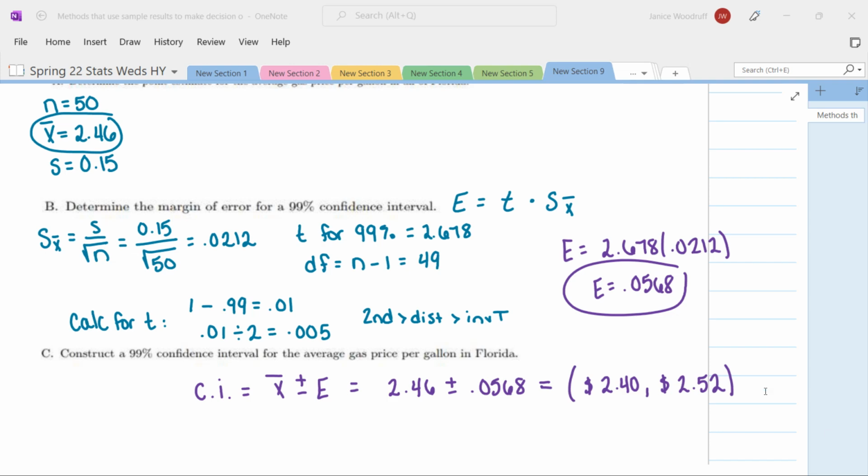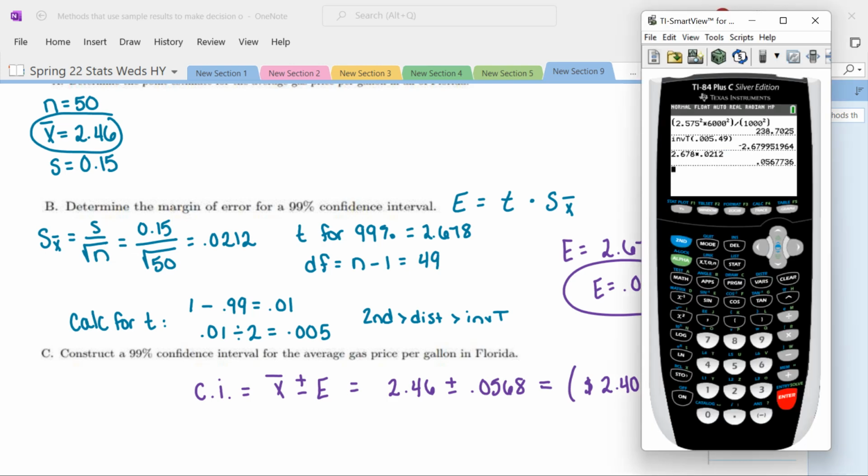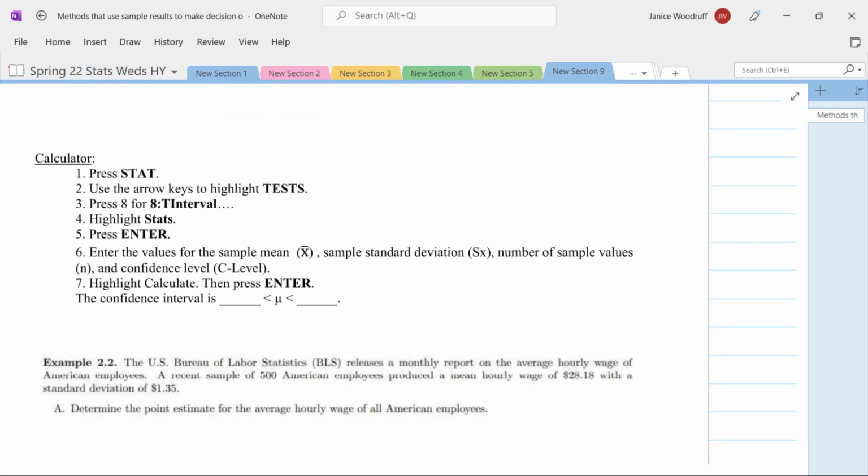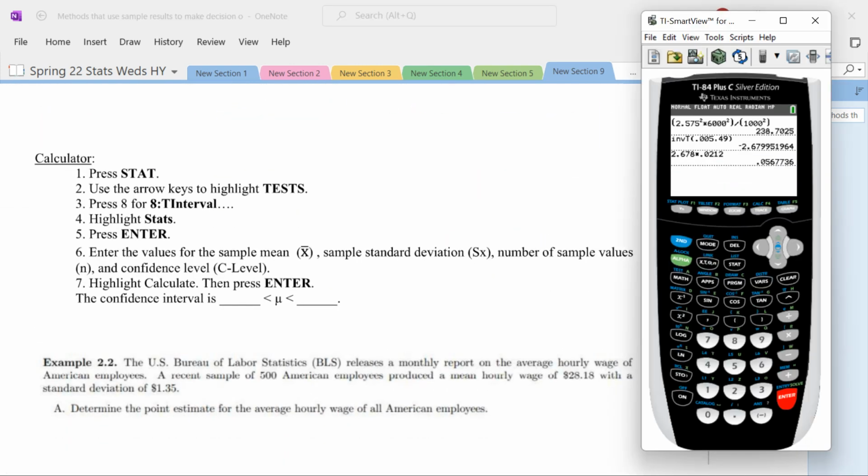We can do this in our calculator. Okay, so we're going to go stat. It's on the next page. Same thing we did for the confidence interval for z. So stat tests. Okay, we're not going to do t or z interval, we're going to do t interval. So number 8. Okay, then we'll put this in.